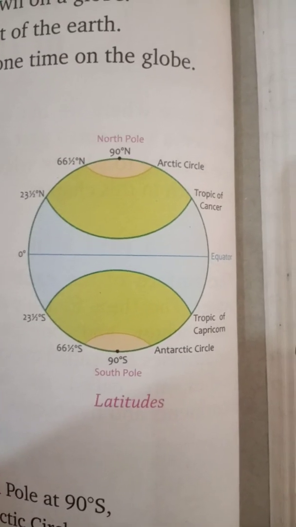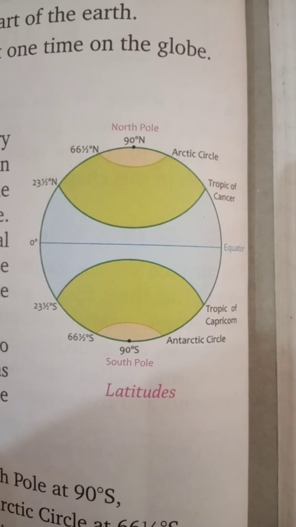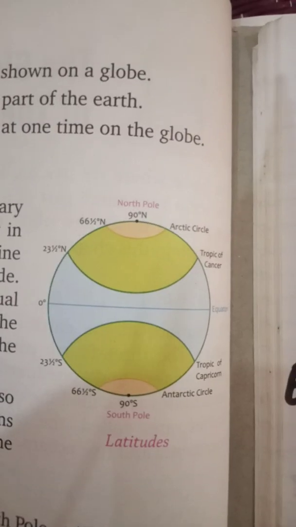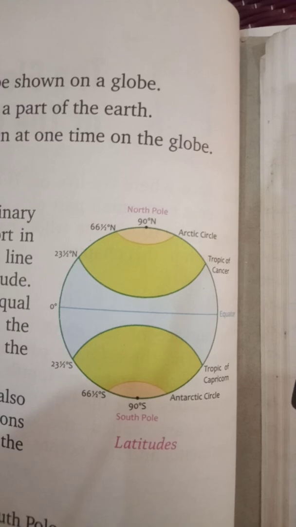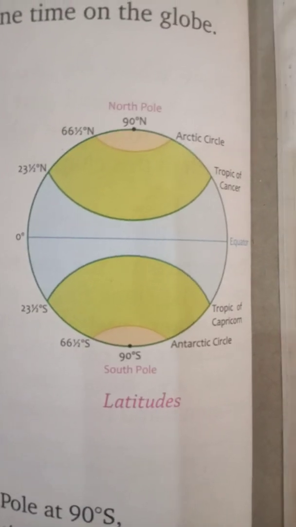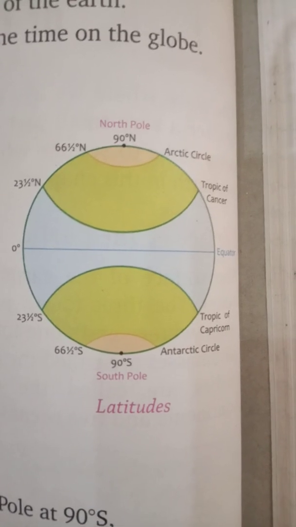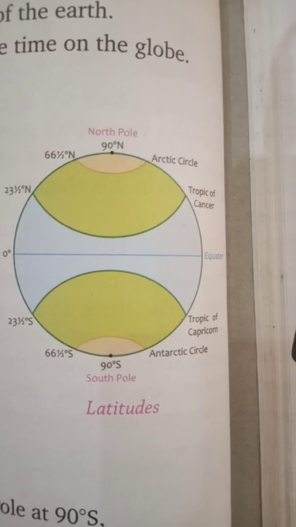Now we will discuss about latitudes. On a globe, lines of latitude are imaginary circles of different size. The longest line of latitude is called the equator at 0 degree latitude.